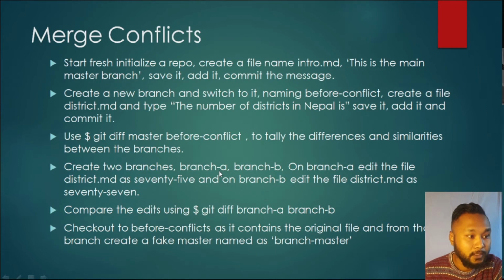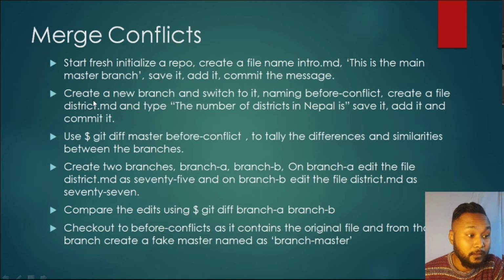Let's go. We start by initializing a fresh repo and creating a file called intro.md. This is the main master branch. We save the file, add it to the staging area, and commit with a message.